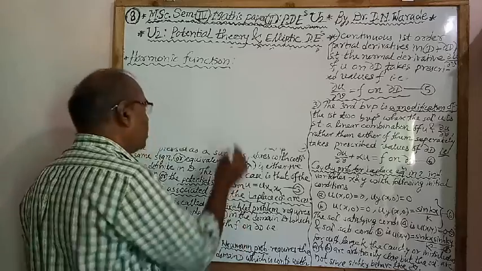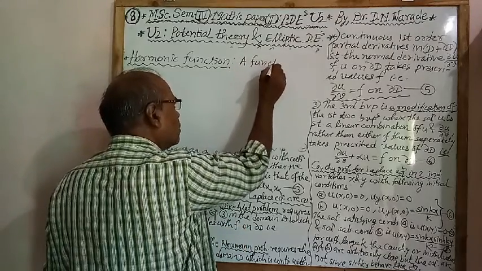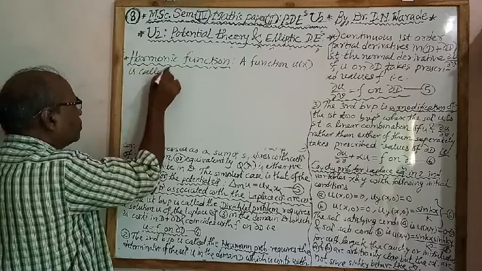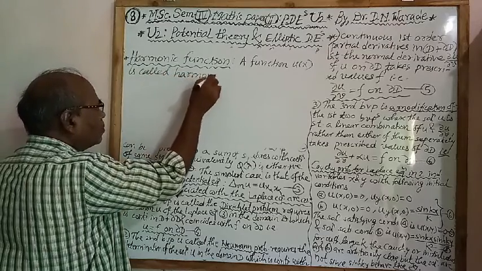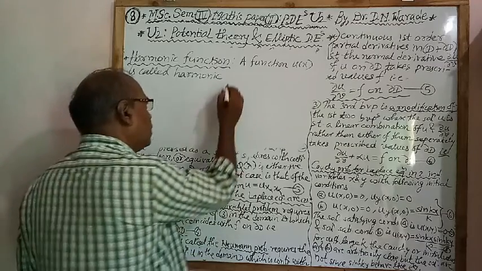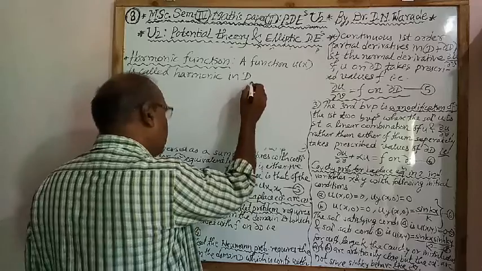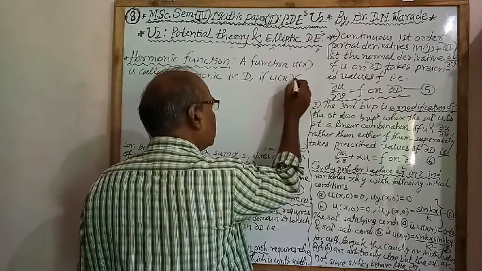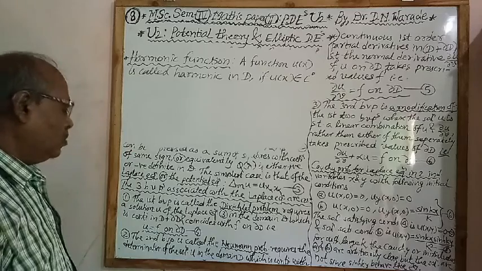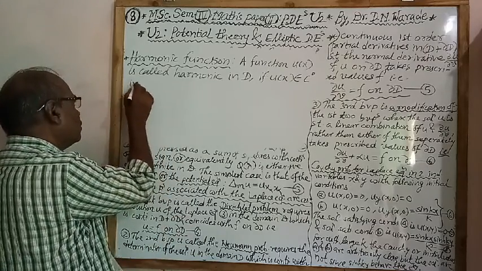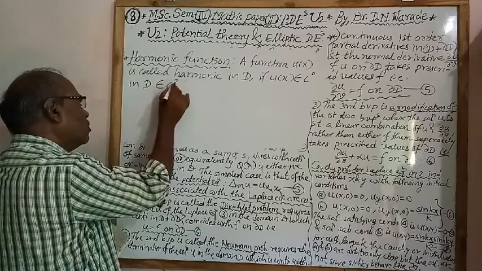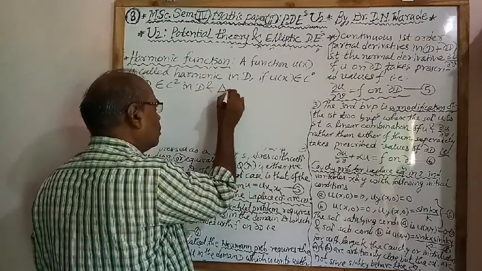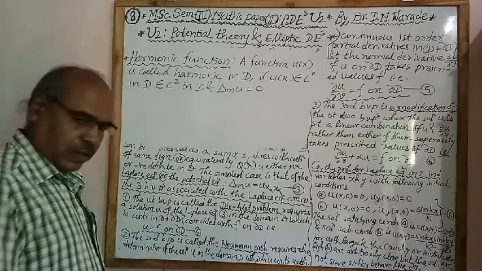A function u of x is called harmonic in D if u of x belongs to C0, that is continuous, and the second derivatives in D belong to C squared in D, and Δu equal to 0 in D.